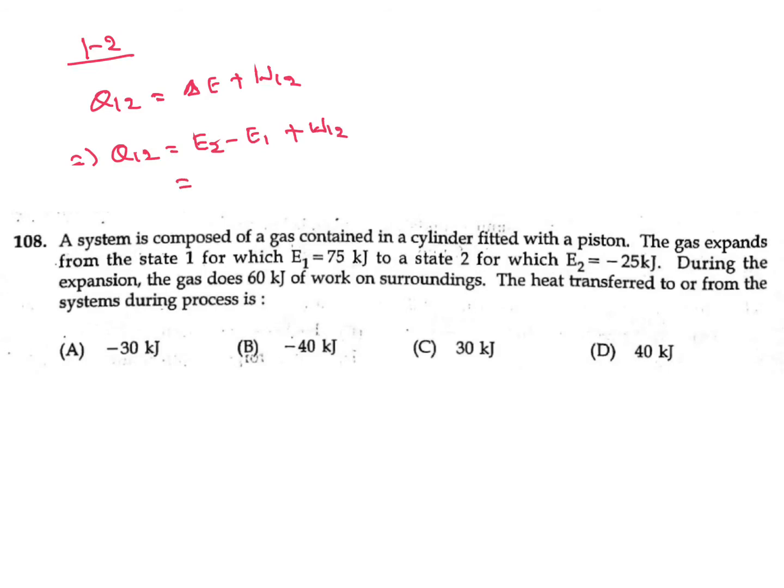E2 is given as minus 25, then E1 is 75, work done by the system so it's positive, 60. Minus 100 plus 60 gives minus 40 kilojoule. Heat is transferred from the system, heat loss. B is your correct answer.